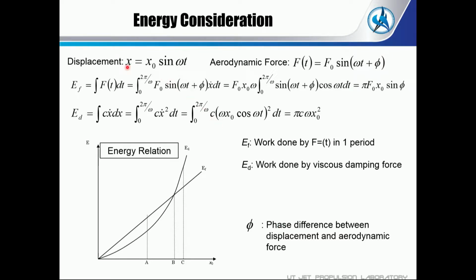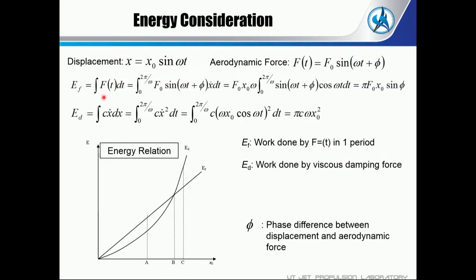So displacement x is sinusoidal, this one. And the corresponding aerodynamic force is written like this. It has the same frequency, but there is a phase difference, phi. So phi is the phase difference between displacement and aerodynamic force. EF is the work done by F(t) in one period.